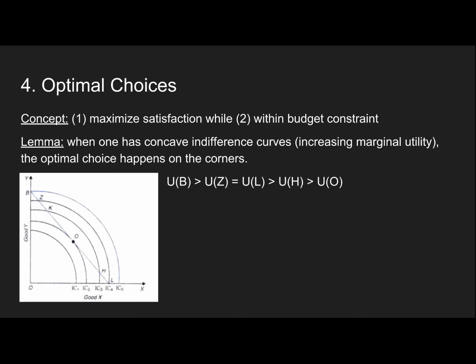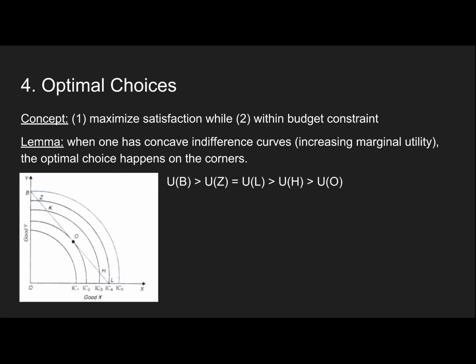In this graph, we see it's the left top corner, but it may be the right bottom corner if the indifference curve looks different. So we only know the optimal choice happens at the corners, but if you want to solve for the optimal choice, then you need more information, and that's why maybe in question number 5, the last one, we cannot clearly state whether he will end up with all the Pokemon or the baseball. But we can know that he will only have one card finally.